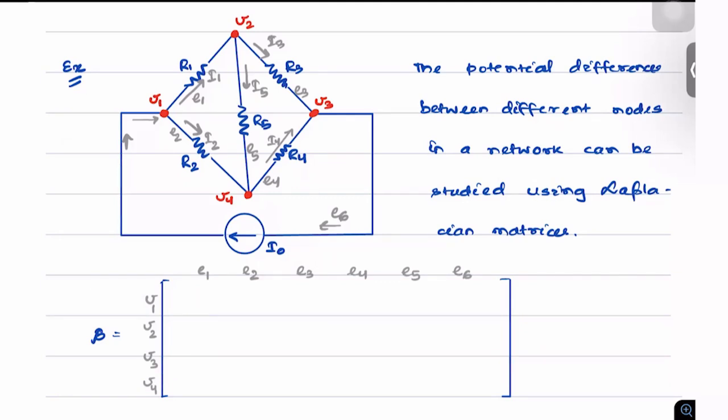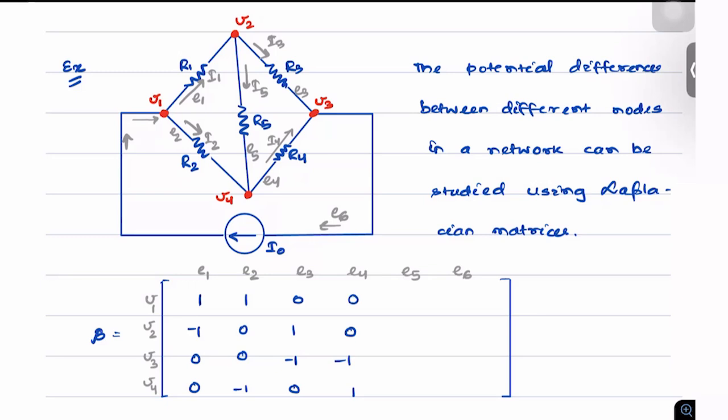Let us start one by one. The first edge, as we can see here, starts at V1 and ends at V2 because that is the direction of the current. So starts at V1, ends at V2. The rest of the entries are 0. E2 from V1 to V4. The rest are again 0. E3, V2 to V3. E4 is V4 to V3.